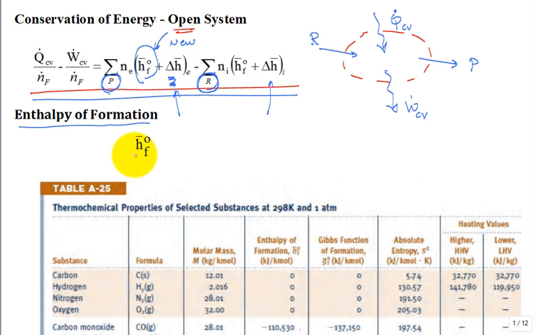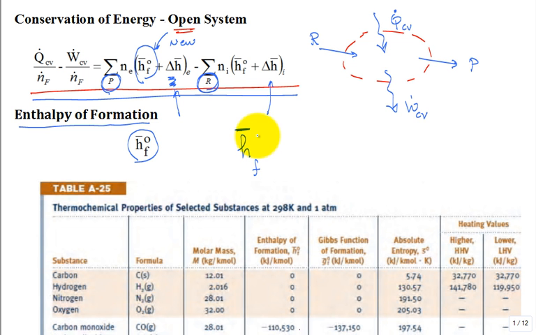So let's take a look at it. It's H for enthalpy, subscript F, not for the saturated liquid. That can be a little confusing. What is that F for? Formation. Enthalpy of formation. We have an overbar. What does that mean? It's on not a mass basis, but on a molar basis. It's kilomoles.